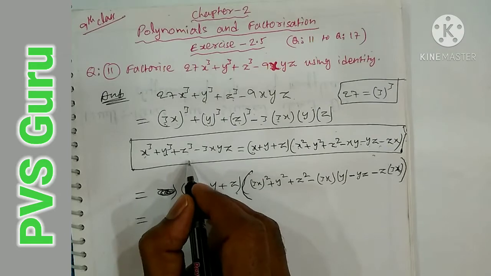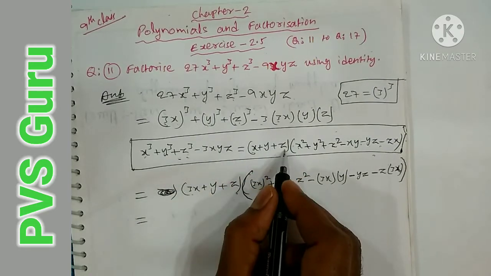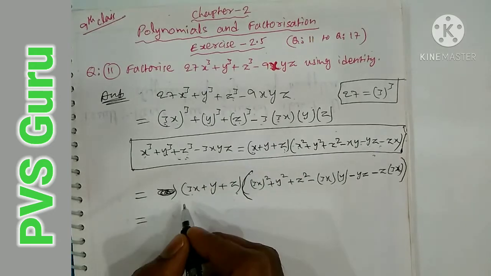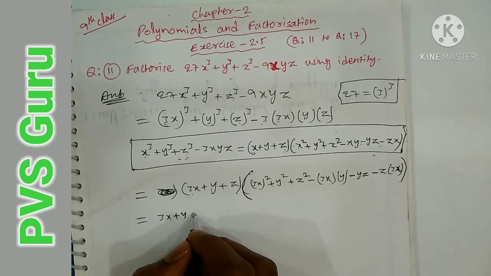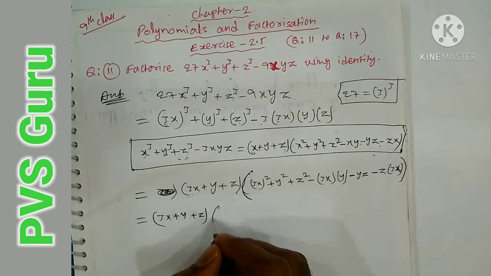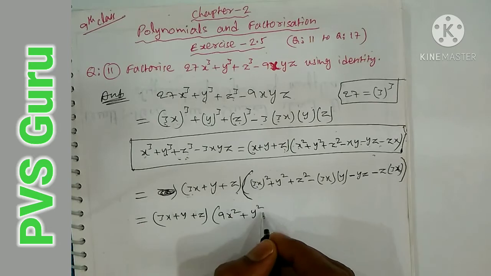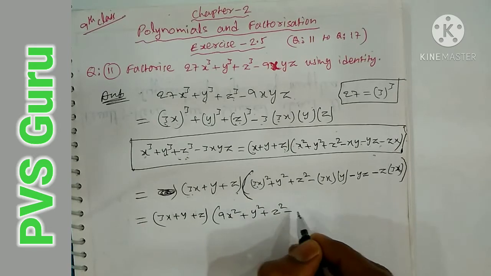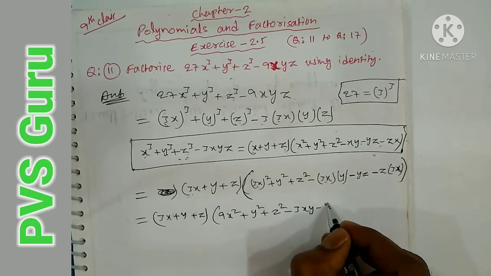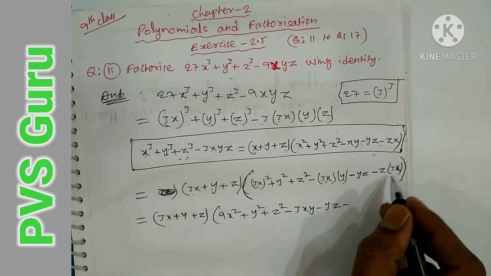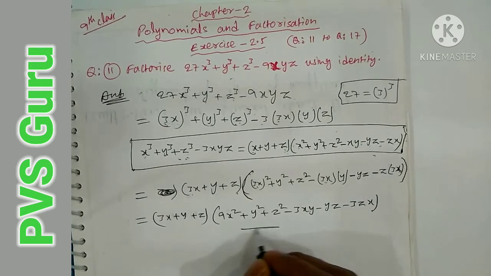In the identity, this is the LHS and this is the RHS. Now simplify it: 3x plus y plus z into 9x square plus y square plus z square minus 3xy minus yz minus 3zx. This is the answer.